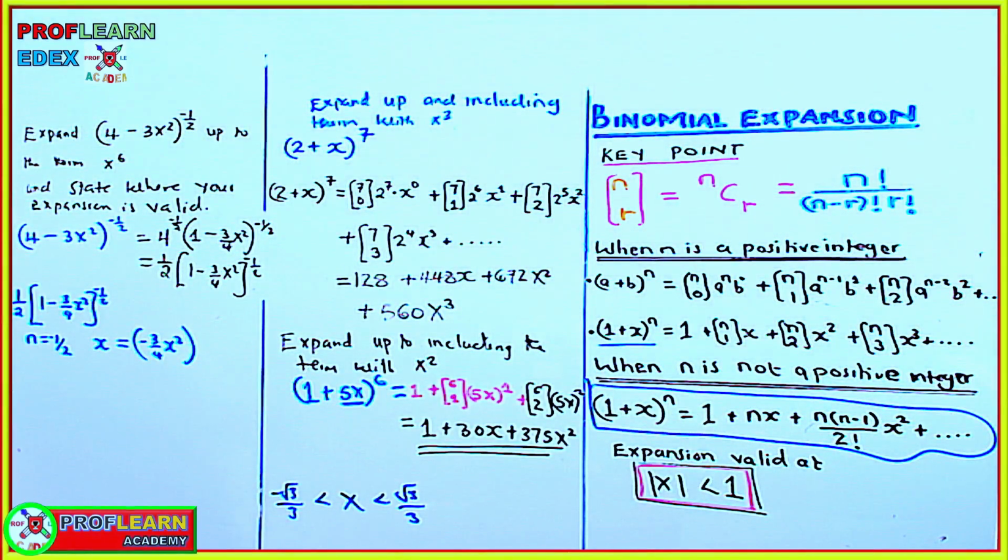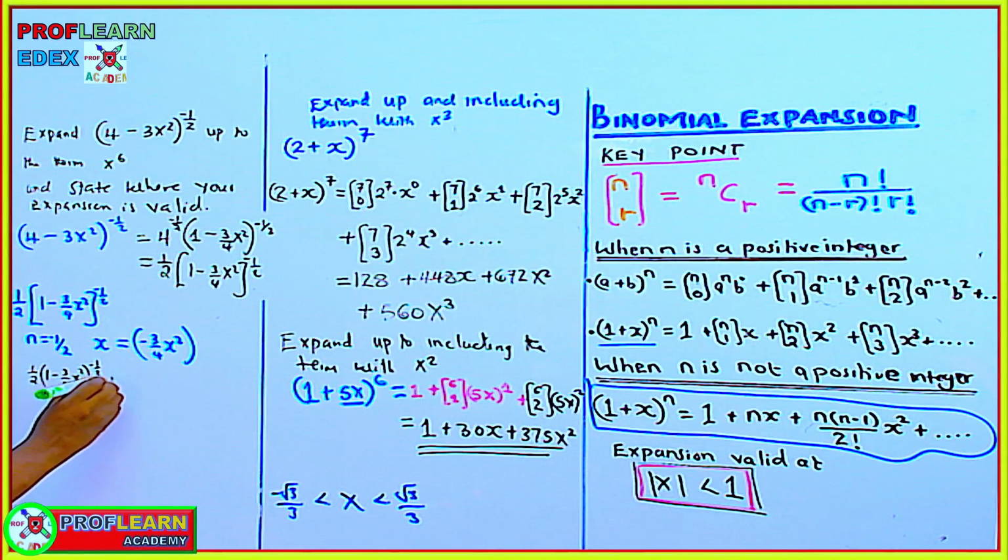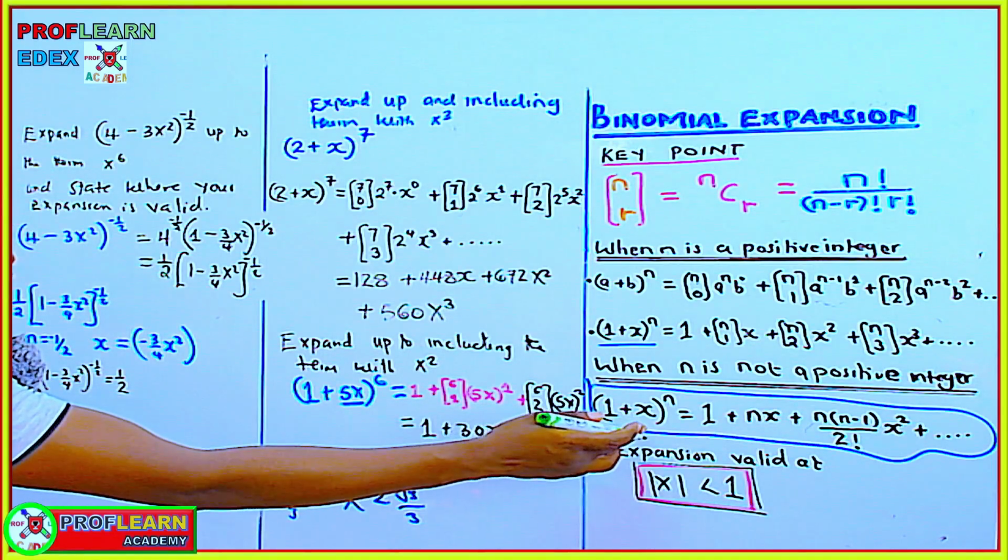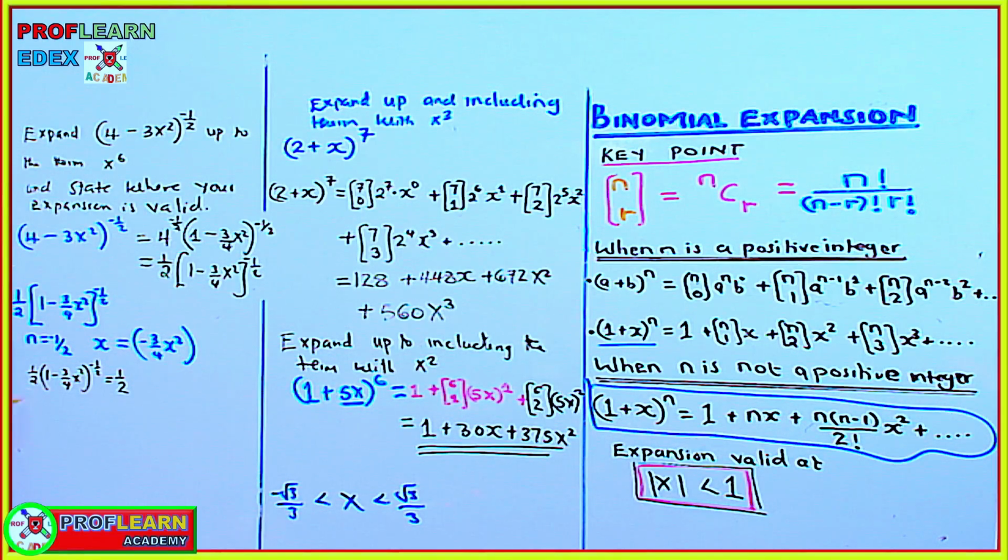This is what we shall be replacing anywhere we have x. So the first term of this expansion is going to be 1/2 into bracket 1 minus 3/4 x squared raised to power -1/2. The first term will be 1. I have to write my half the way it was here, because when we were expanding this, it was not having a half, but I'm having this half here. So I'm going to ensure that I include it outside before the expansion.